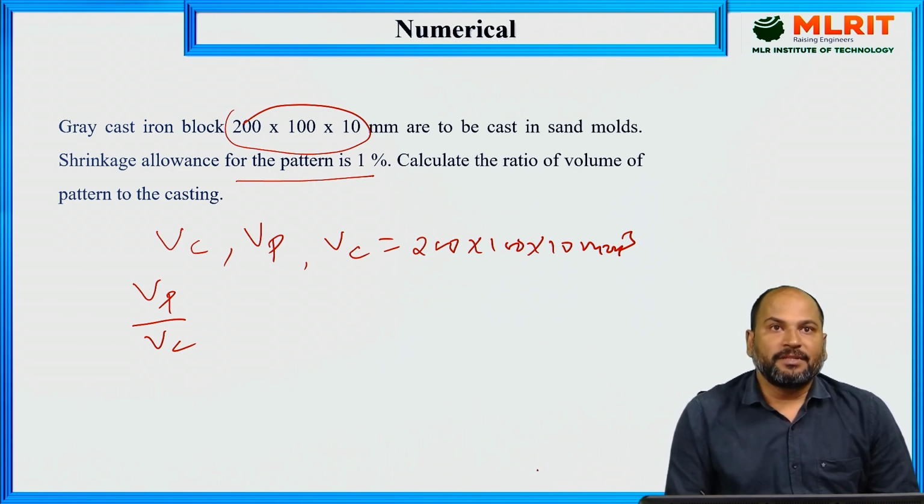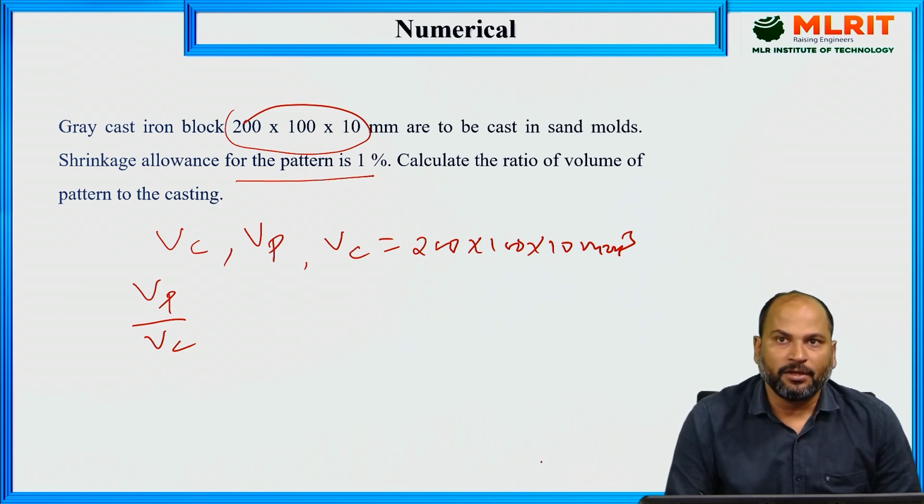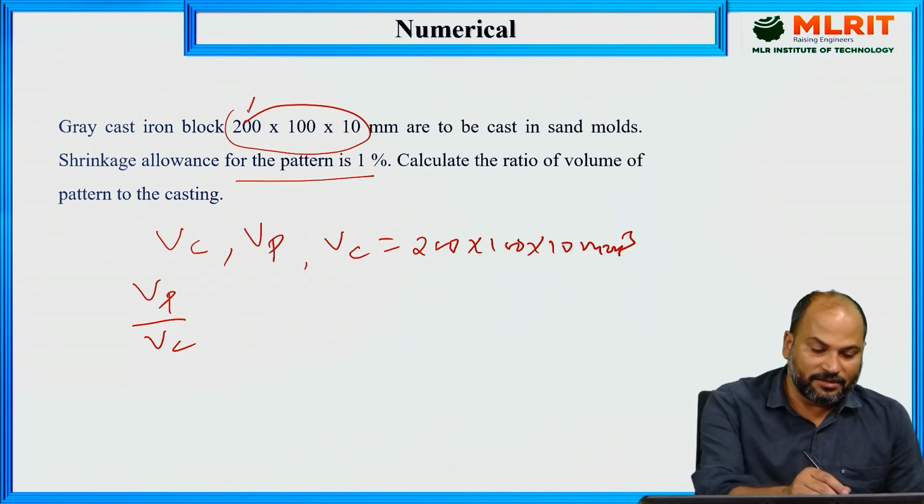Here it has been given that 1% shrinkage is there in this casting. As this is a volumetric casting, all three dimensions are involved: length, breadth, and of course height or thickness. So we have to calculate the dimensional changes because of this shrinkage in all three dimensions. In the length, the shrinkage is 1%.